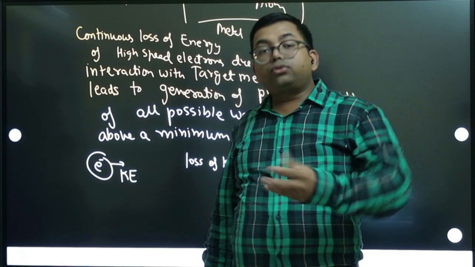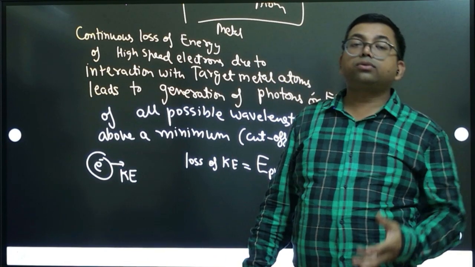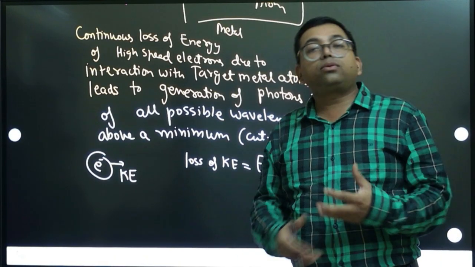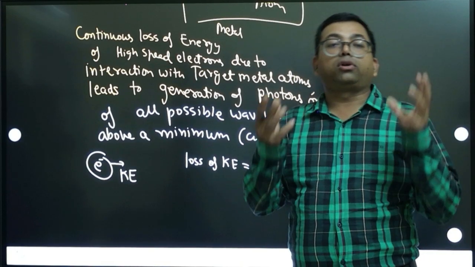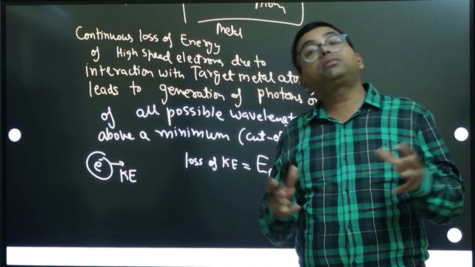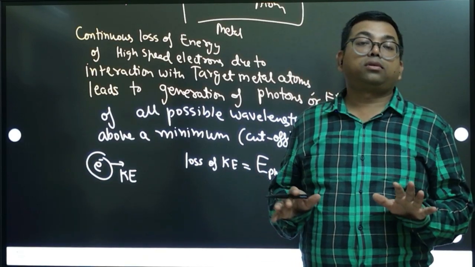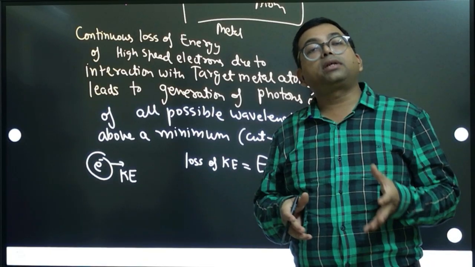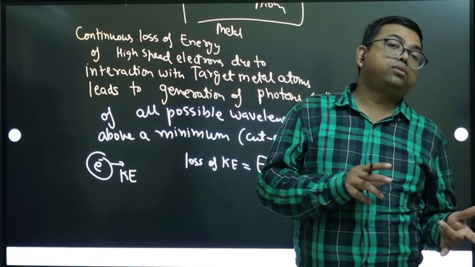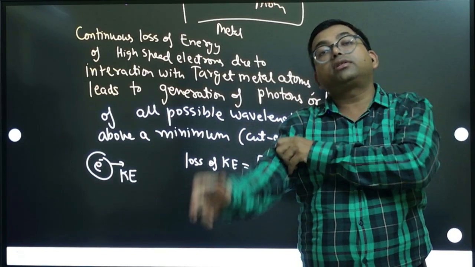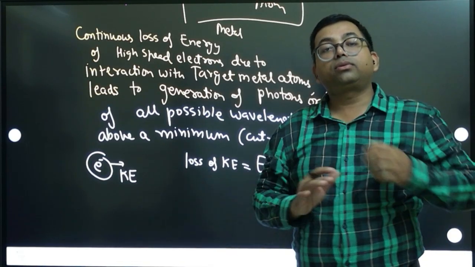It can lose 20 joule, it can lose 30 joule, it can keep on losing. Whatever it is losing, that is converting into photons. Maximum it can lose 100%. If it loses 100%, that converts into a photon of minimum wavelength, because maximum energy means minimum wavelength, right?